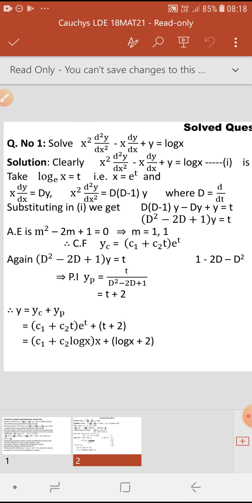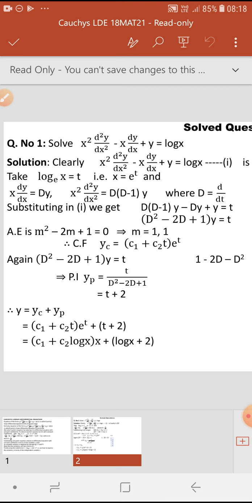So the auxiliary equation will be m square minus 2m plus 1 equal to 0. You know how to write the auxiliary equation. Look at that bracket containing D in the differential equation. Replace D by m. You get m square minus 2m plus 1 equated to 0.